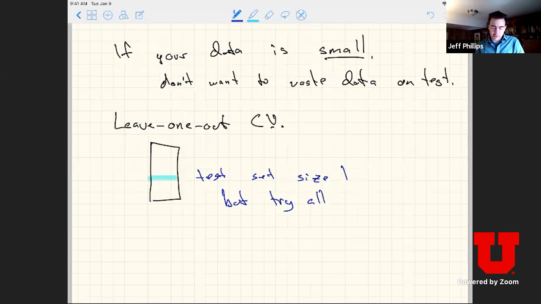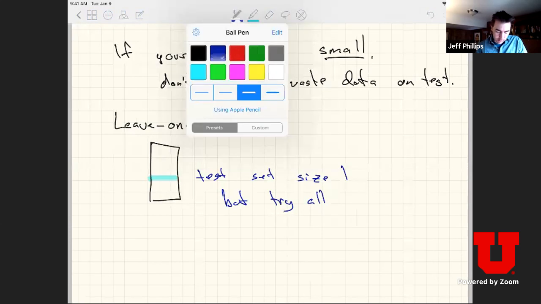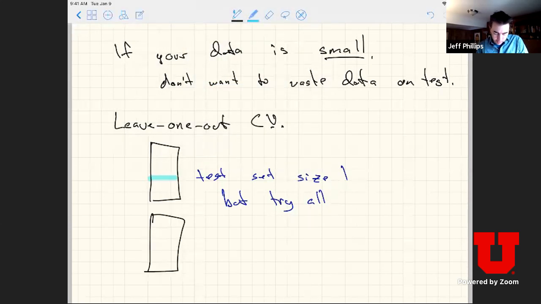So I do it this way, but then I also try it with a different one held out, and then I can take the average of these. This is more expensive. If I have n data points, I have to train my model n different times on all subsets of size n minus 1. I only get one thing to evaluate each time, but I do 10 evaluations, so I can average those. This is more common on very small data. It takes longer, but if your data is small, it still doesn't take that long. So it's okay.